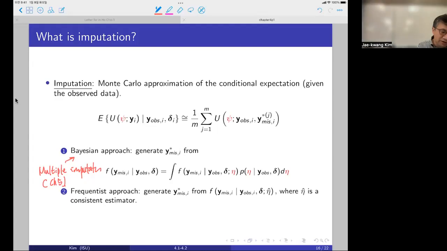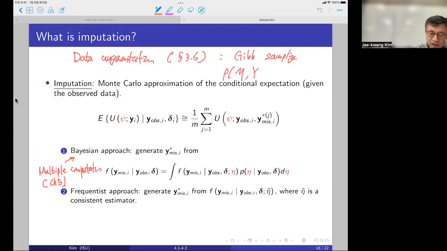Remember data augmentation by Tanner and Wong, which we covered in section 3.6 last week. This is basically a Gibbs sampling approach.